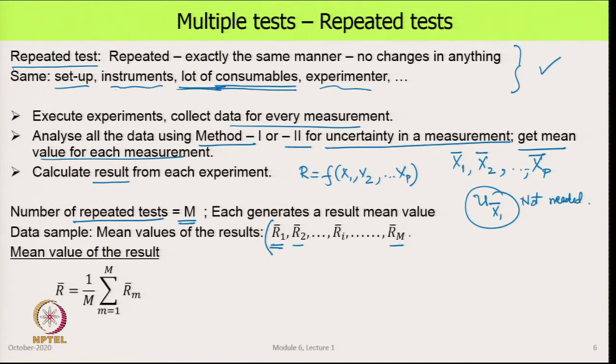So, this for us is now a sample in the statistical sense, and then we use all the techniques of statistics on this sample. So, what we do is we take all these things and calculate the mean. So, the mean value of the result is r bar, 1 upon m times the summation of every result value that we had.